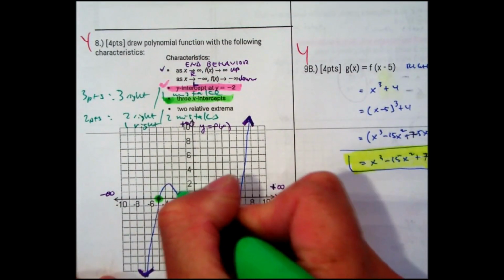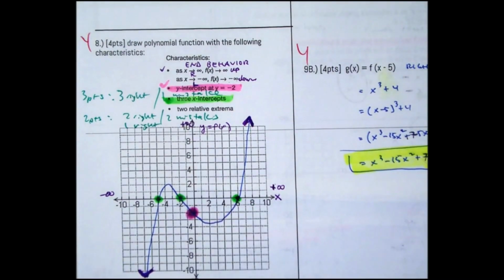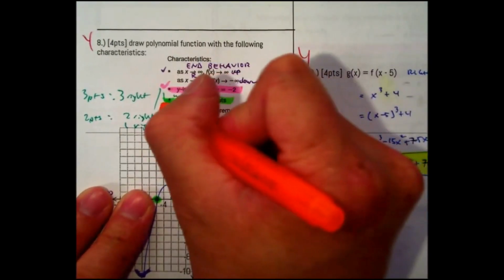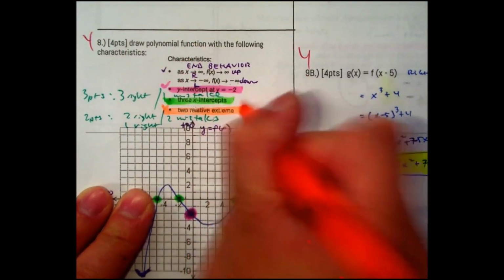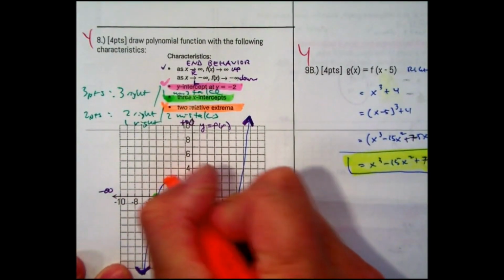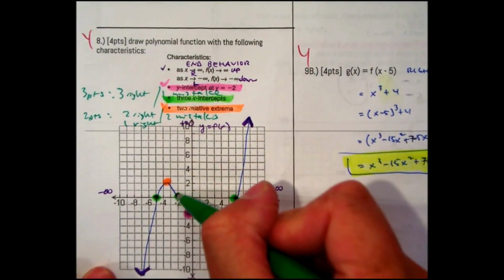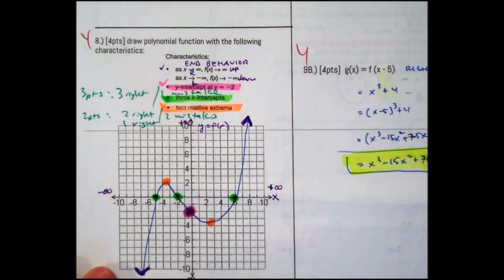I put them here, 1, 2, and 3. And then lastly, it says 2 relative extrema. That means I need a max and a min. So there they are. So when you're drawing your graph, you should be going through the x-intercepts and try to go through the y-intercept.